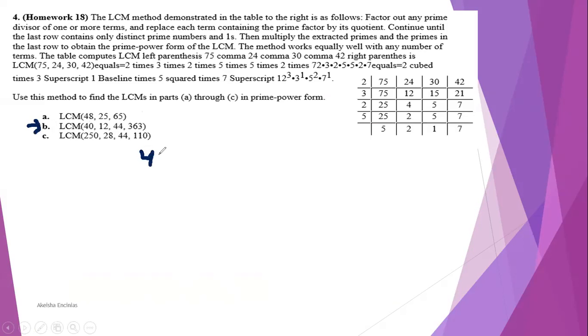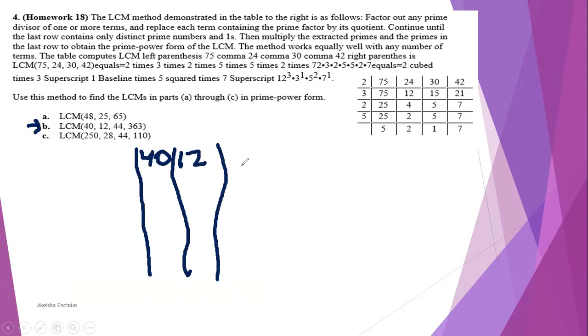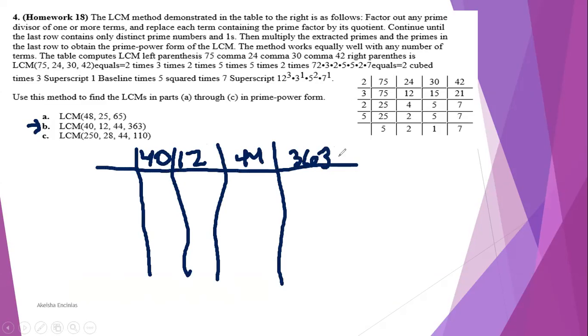So we got 40. We got 12. 44. And 363. And now you're just going to use prime numbers to find the least common multiple.